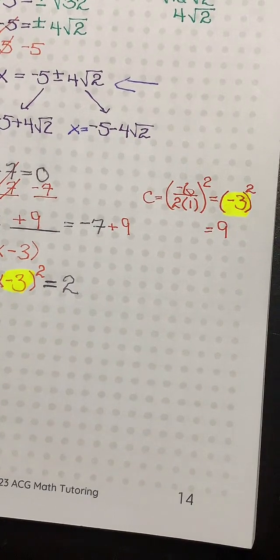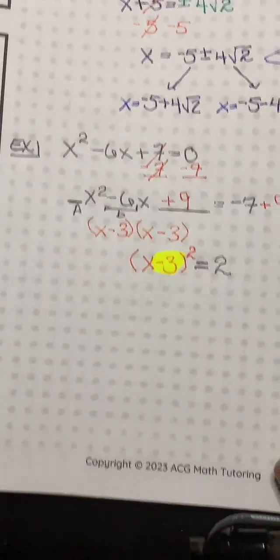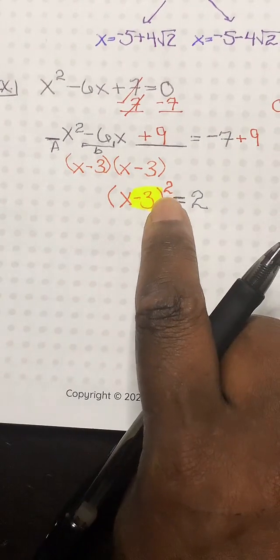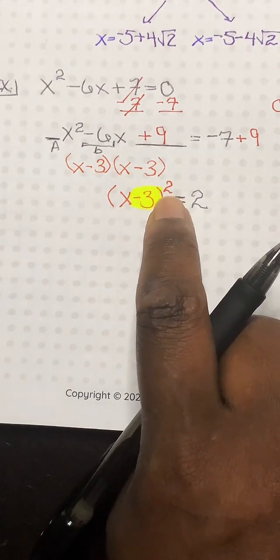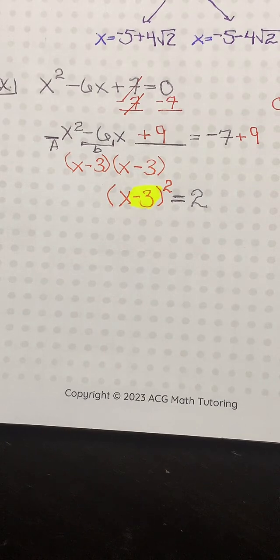All right. So now we're going into solving. We want to get rid of the square. What do I have to do to the square to get rid of it? What's the opposite of a square?